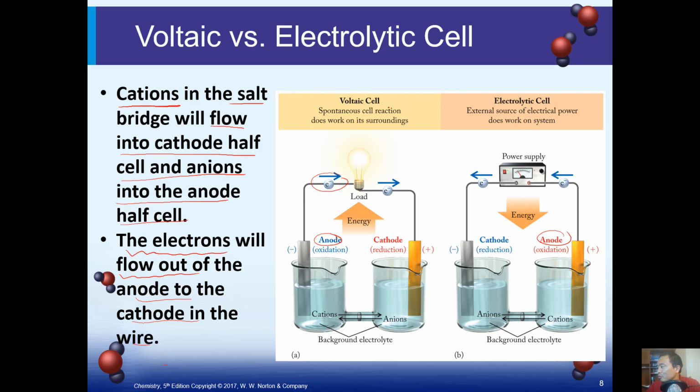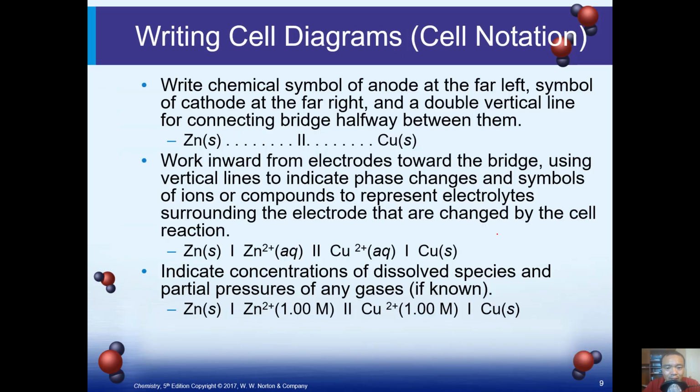In the voltaic cell, the plus is assigned to the cathode and negative is assigned to the anode. However, in the electrolytic cell, the plus is assigned to the anode and minus is assigned to the cathode, which is opposite to what we see in the voltaic cell.